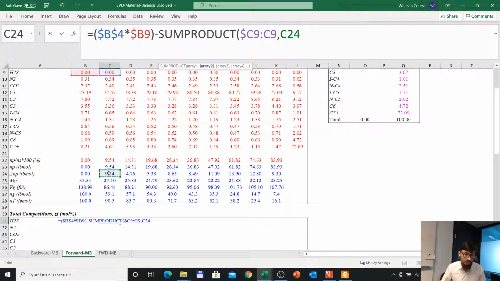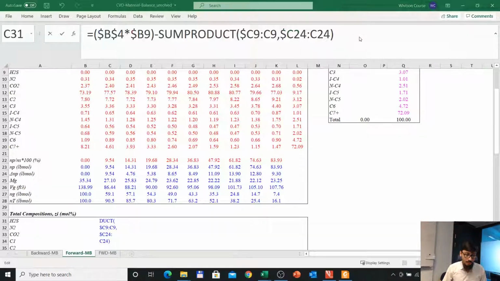And again, it's the same concept here. You need to do this times, and then try to fix this one. Okay.